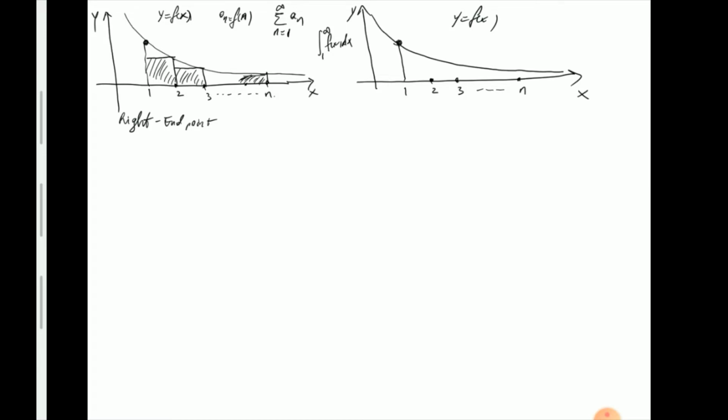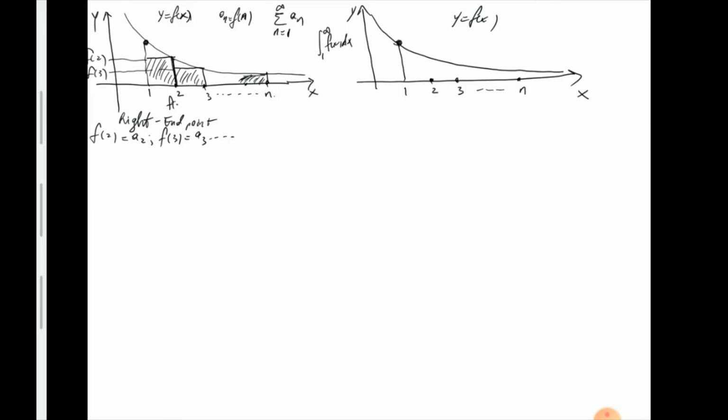So the height of this first rectangle will be f of 2, and this will be f of 3, and so on. But remember, f of 2 is going to be a2, f of 3 is going to be a3, and so on. So the actual elements in the Riemann sum are the elements in the sequence that come up in that infinite sum.